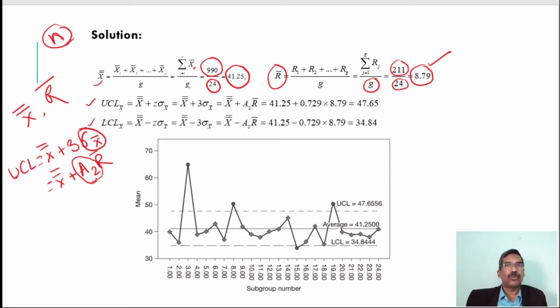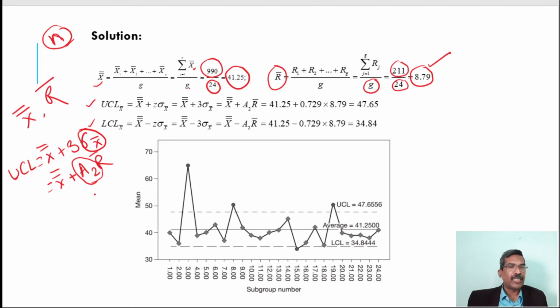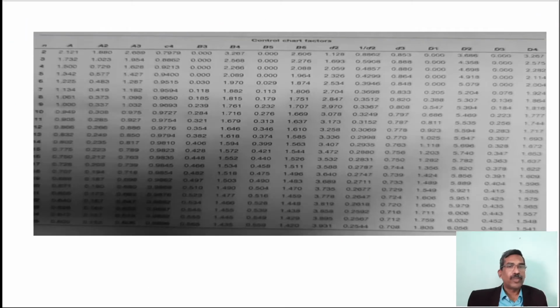Here n is equal to 4, so we can take this value of A2 from this table, and this table is already provided in any book of SQC. So we can see the table provided here.